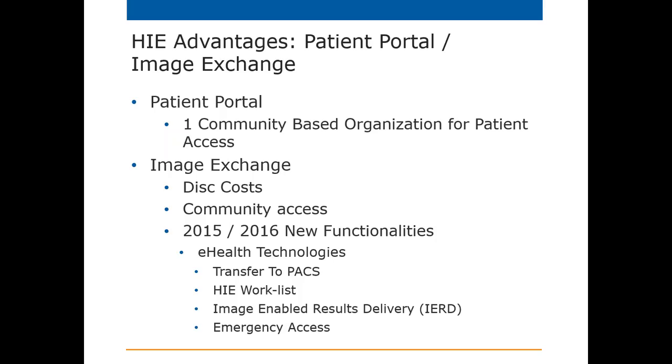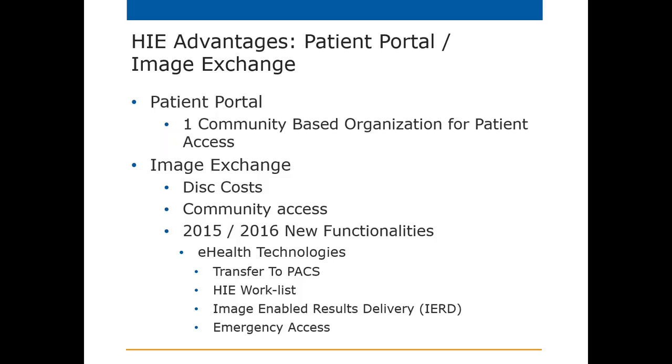And then from the perspective of image exchange, if we can do that at the HIE level, certainly there are advantages around the cost that you can save by sharing that load across the HIE rather than each of us trying to manage our own.